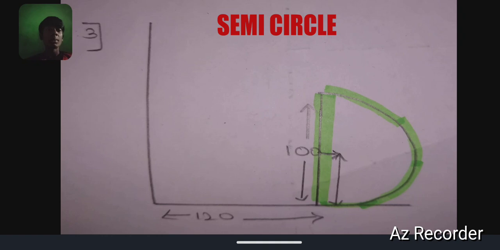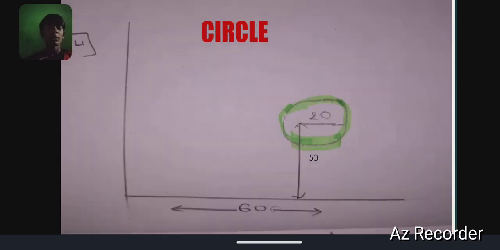The third component is the semicircle, which is 120 meter far from the y-axis. Its diameter is 100, which means the radius is 50 meter.